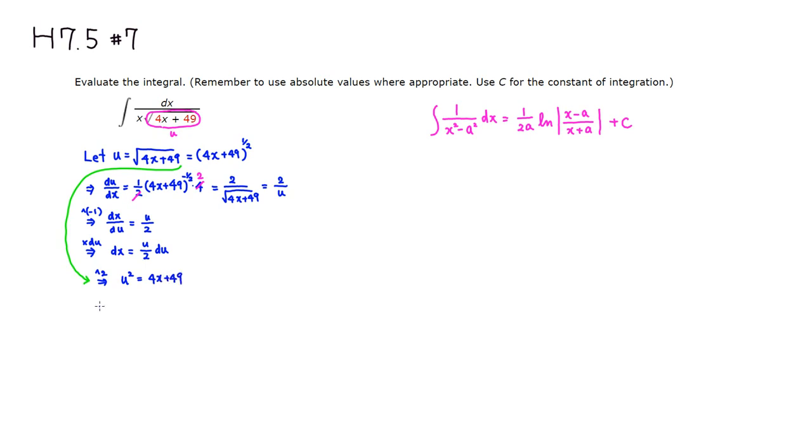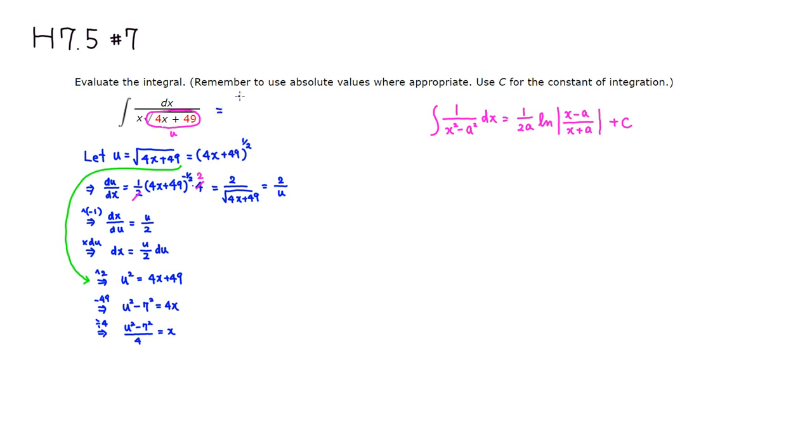Then I subtract 49, so we have u squared minus 49. 49 is 7 squared, so I'll write u squared minus 7 squared is equal to 4x. Then we divide through by 4 to get u squared minus 7 squared over 4 is equal to x.